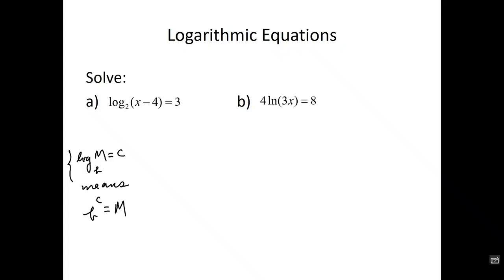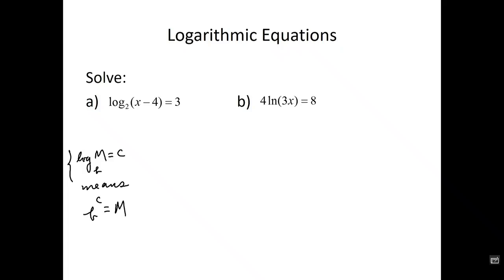So the first equation, the logarithmic equation to be solved, is the log of x minus 4 to the base 2 is equal to 3. All right, so we first want to express the equation in the form, it's already in the form the log of x minus 4 to the base 2 is equal to 3.